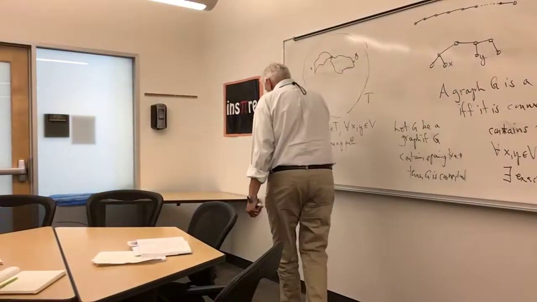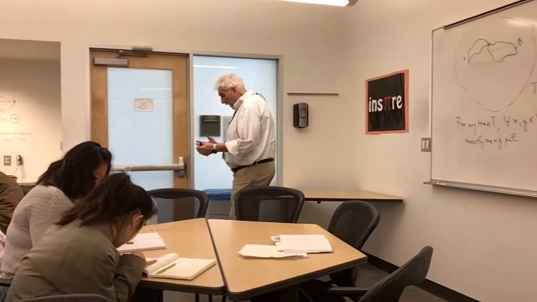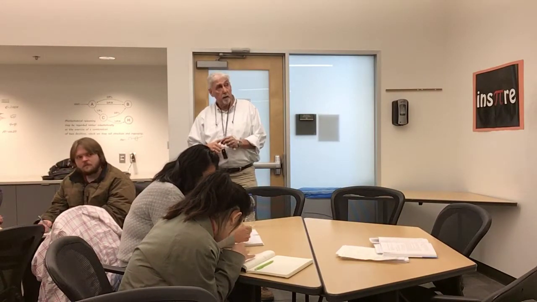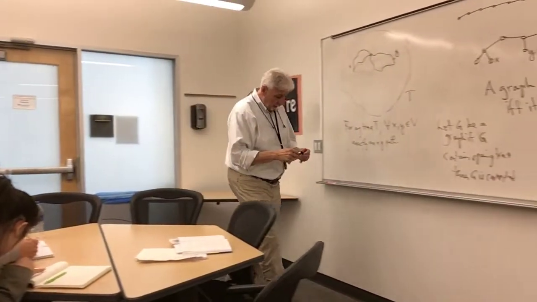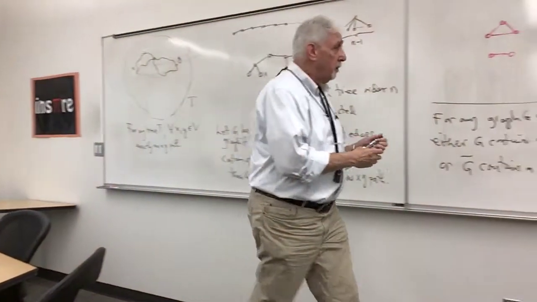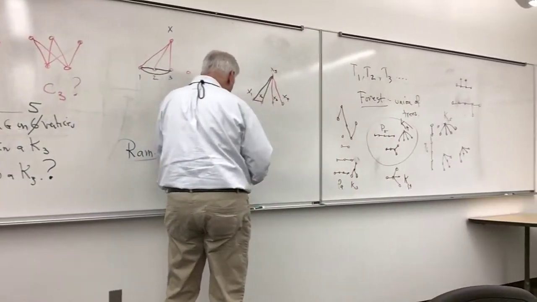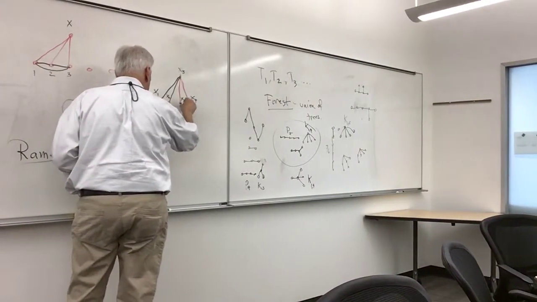So let me just ask the easy question: if I'm trying to avoid a black K3, what can you tell me about the edge X1, X2? Must be what? Red. Okay. X1, X2 better be red. And what about X3, X4? Black.